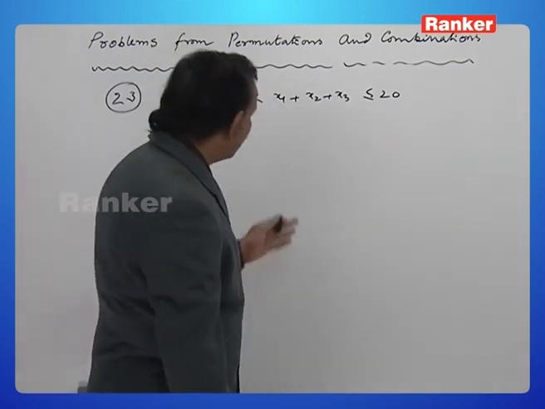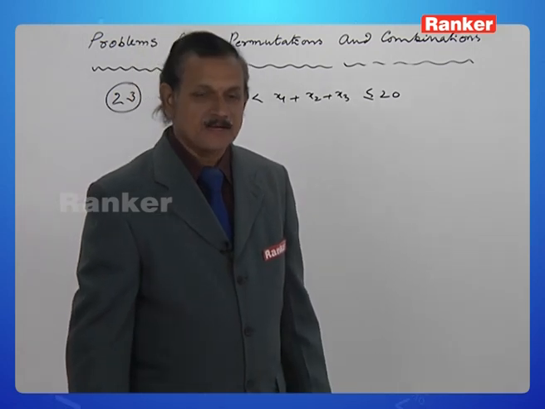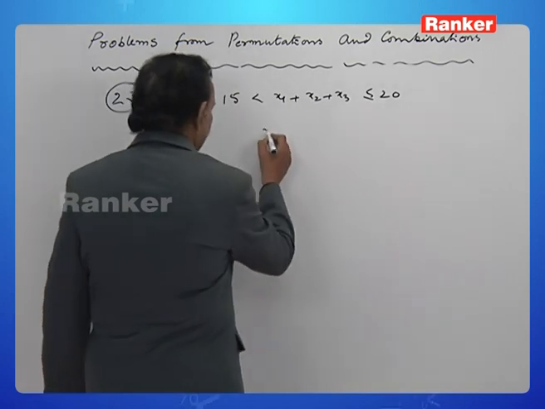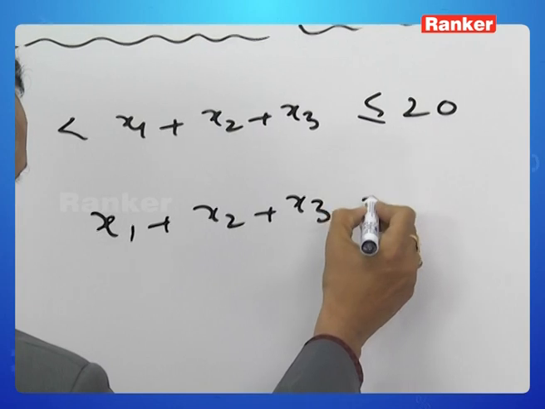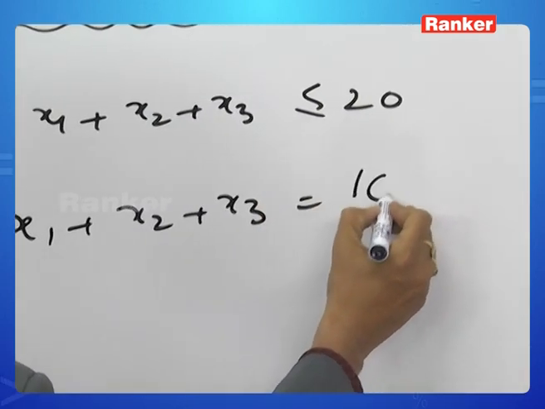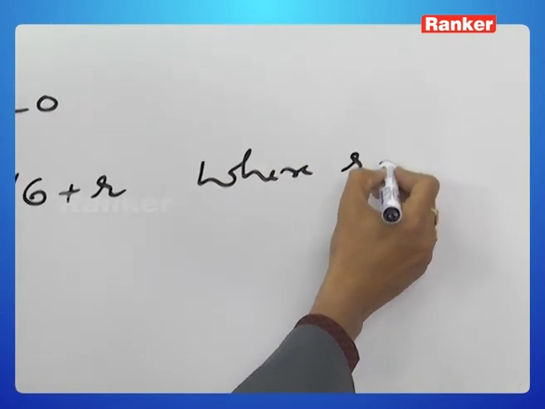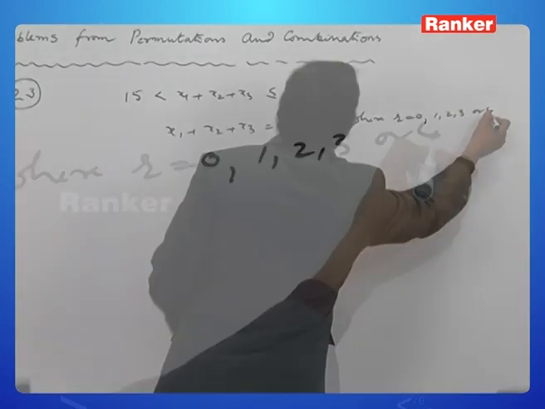Well, to have the answer for this question, let us create one more variable, say r, like that. x1 + x2 + x3 = 16 + r, where r = 0, 1, 2, 3, 4.